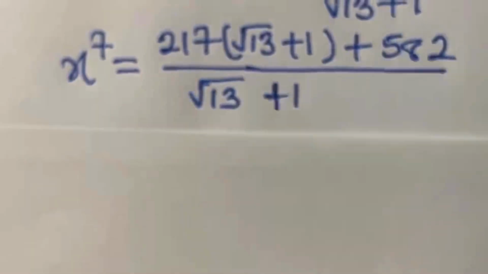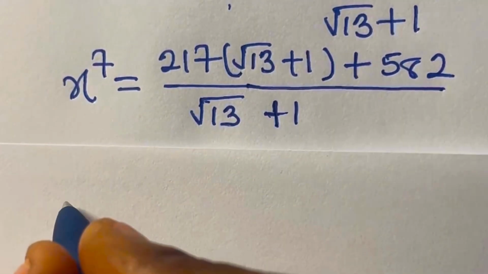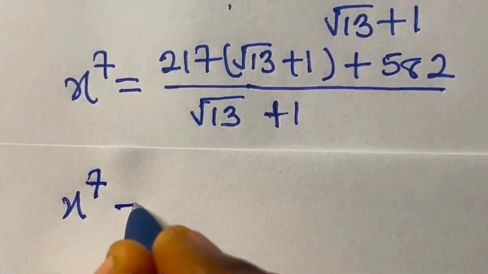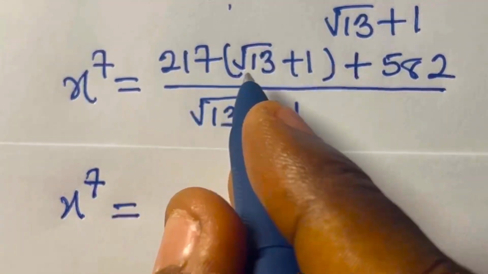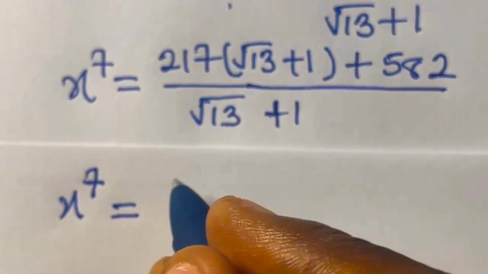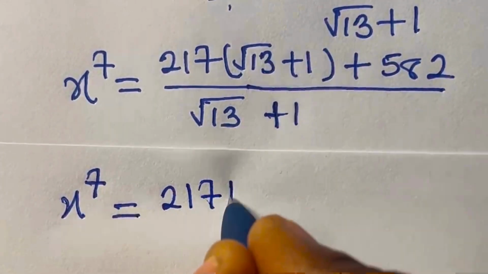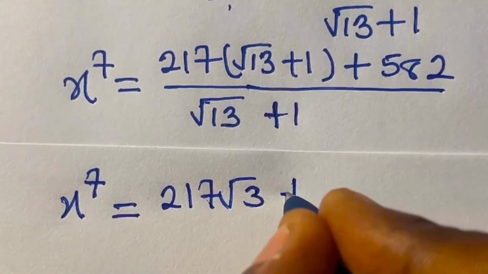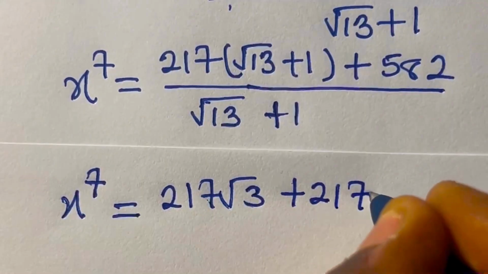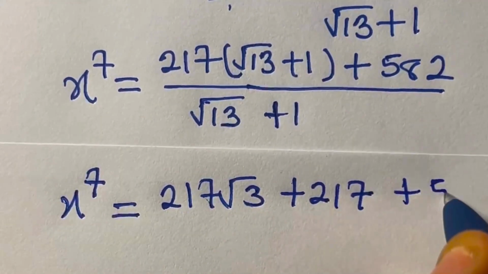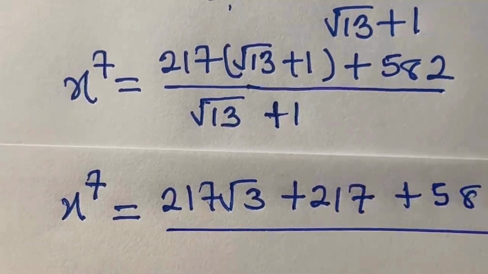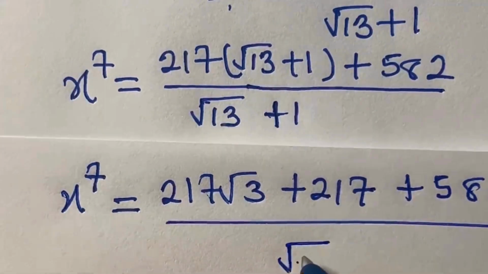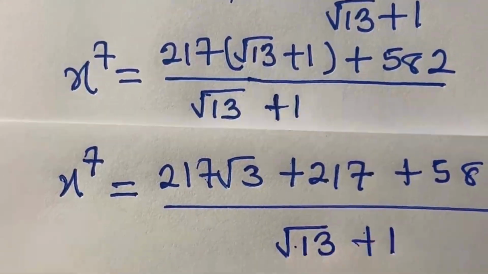Okay, so let's expand this. We have x raised to the power 7 equals 217 times root 13, that is 217 root 13, then 217 times 1 will give us 217, so plus 582 divided by square root of 13 plus 1.